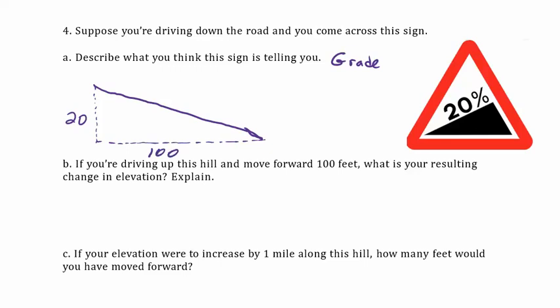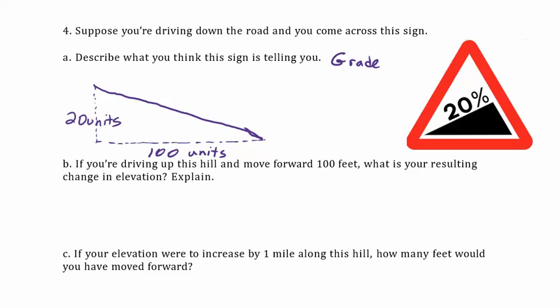Now it's probably not going to be miles because that would be a very long road. You're probably not going to have this uniform steepness over that distance, so I think feet is a good way to think about it. You would drop 20 feet of elevation for every 100 feet that you're moving along the road.